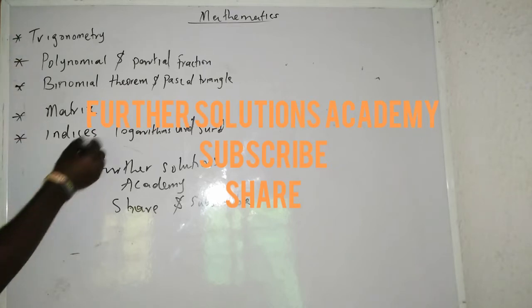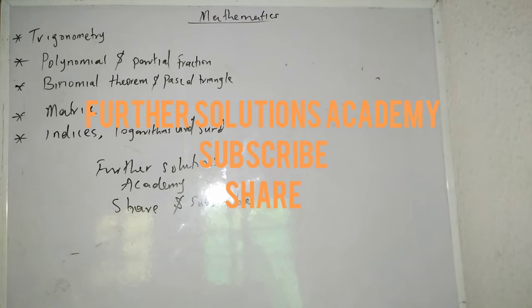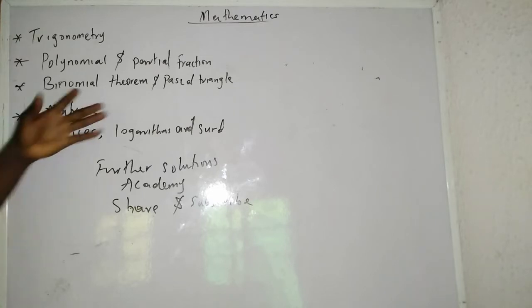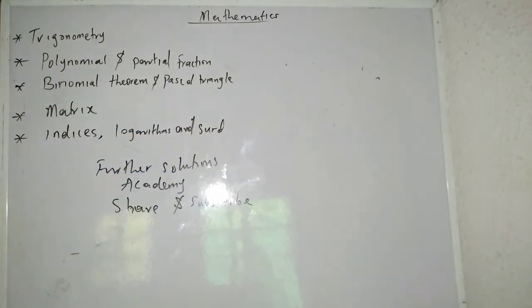You have to understand them very well. The first one is trigonometry. The second one is polynomial and partial fraction, binomial theorem and Pascal triangle, matrix, indices, logarithm, and so on. There are more of them, but these ones are very important. Most of them are in algebra.